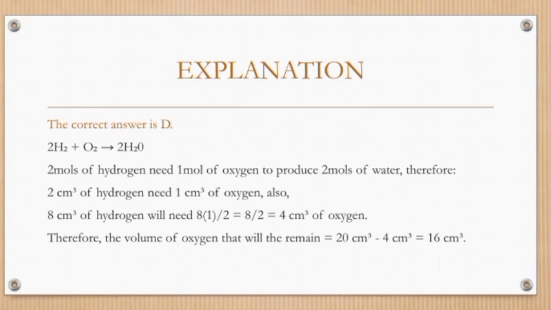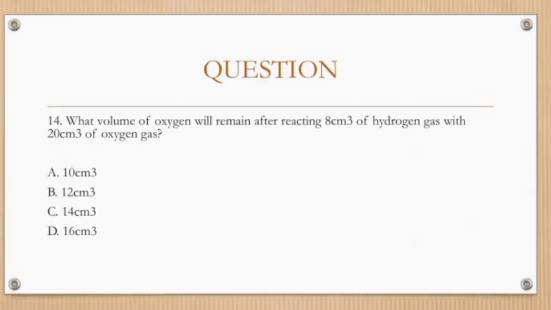Yeah, so 2 moles of hydrogen need 1 mole of oxygen to produce 2 moles of water. So for your calculation, let's move on to our whiteboard.